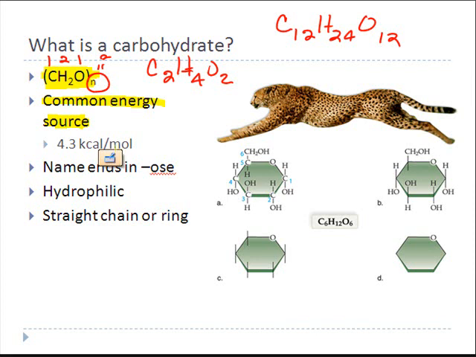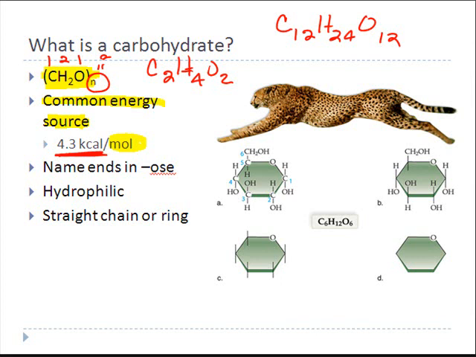For every mole, that's 6.023 times 10 to the 23 molecules of carbohydrates, there are about 4.23 kilocalories of energy. So quite a bit in there for these different types of carbohydrates.